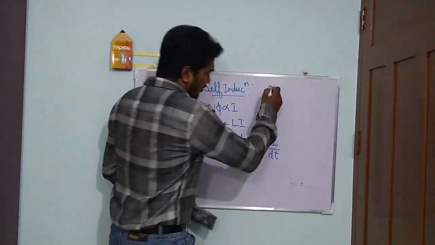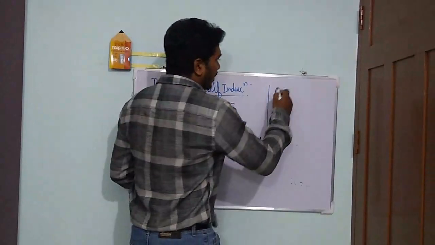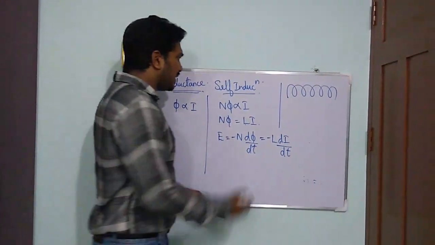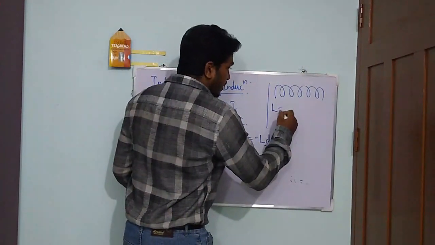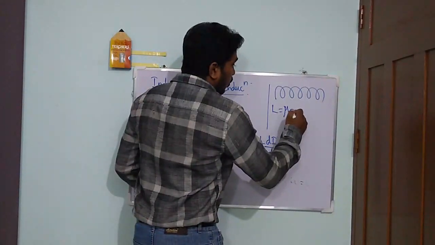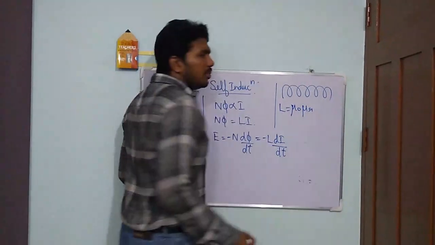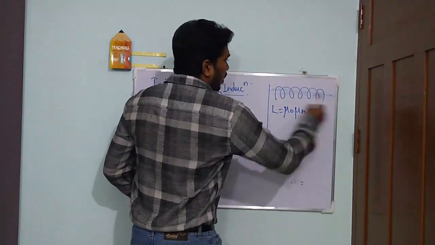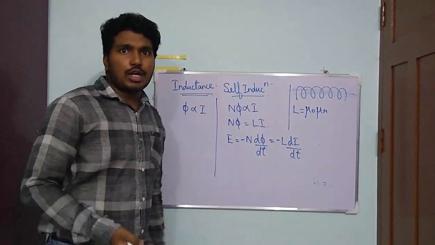Now, suppose we are having a single solenoid. The inductance L here will be given by mu 0 into mu r into n square A l. We use mu r only if there is a medium there, it may be a soft iron core or something.